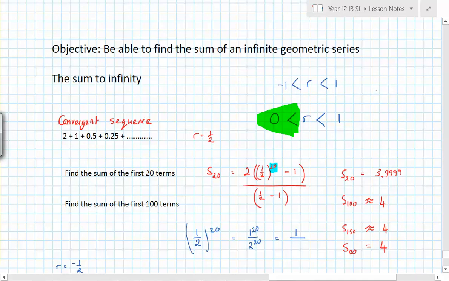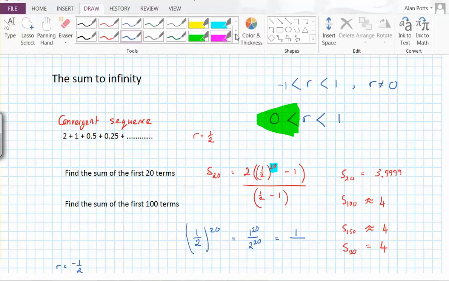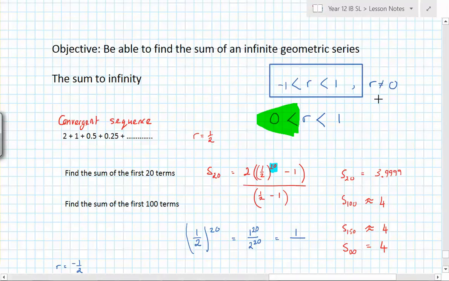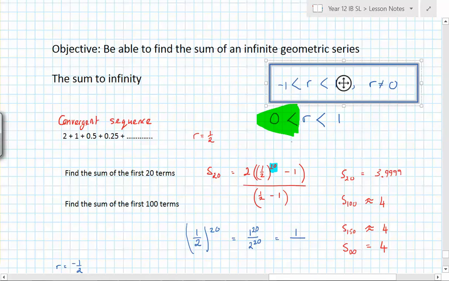Minus 1, but we have to add one thing into this. What do I have to add to that? Yeah, r cannot be 0. So if you see that notation there, you know why, right? Because we can have these negative values, they still give a convergent sequence.